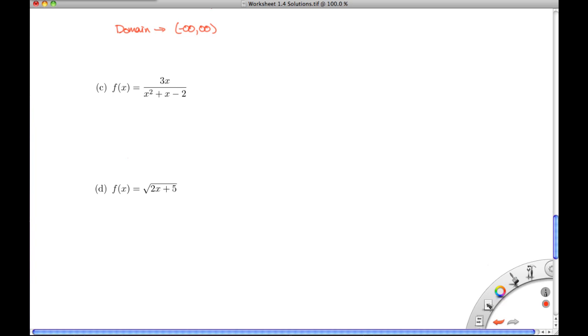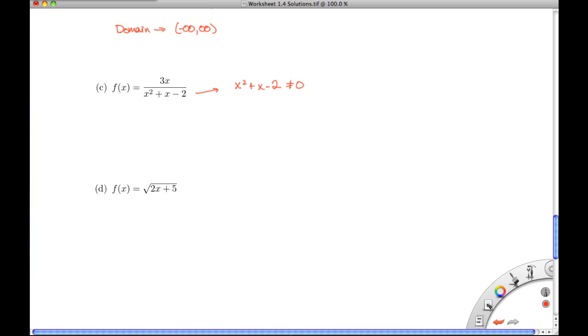So what I like to do in this case is I recognize that fact, and I say, you know what? This term, x squared plus x minus 2, that can never be 0, because I never want that function to be dividing by a value of 0. And then what I've got is sort of like a non-equality that I can then solve for x, and those will help me identify the x values that I don't want to use.